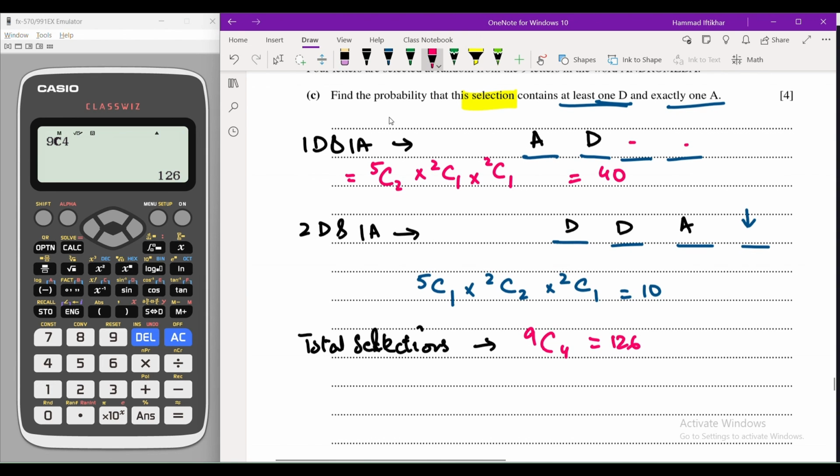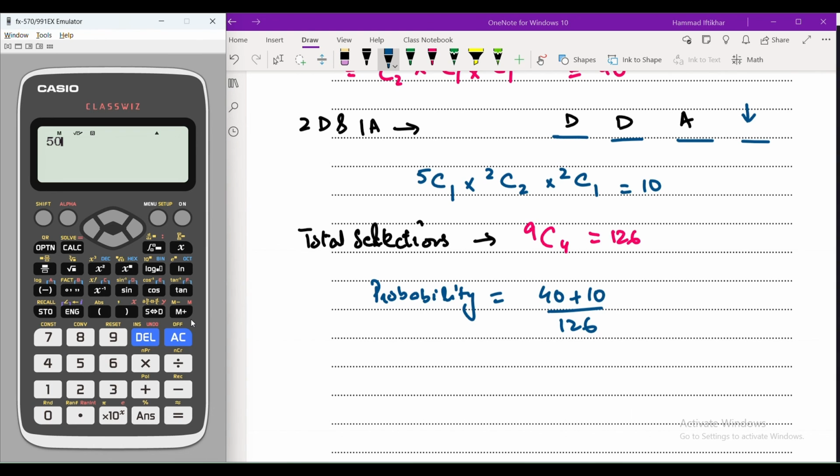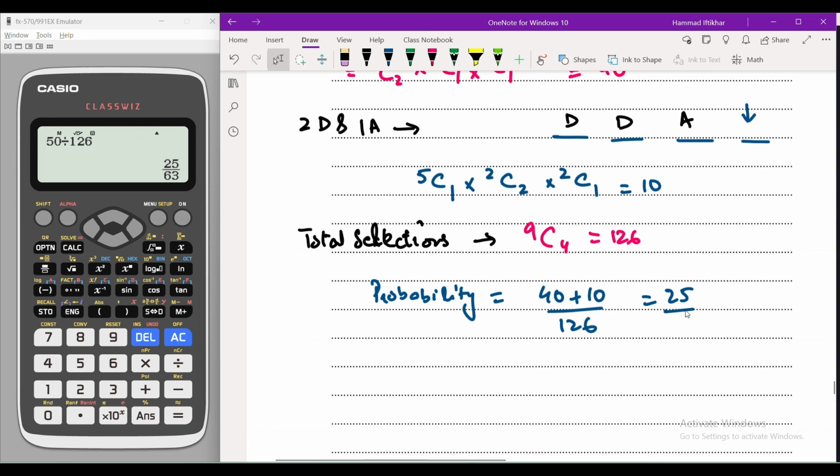Now, since this was a question of probability, we will just do 40 plus 10 divided by 126. So 50 divided by 126 is just 25 out of 63. Right, okay. So this question is done. See you in the next question.